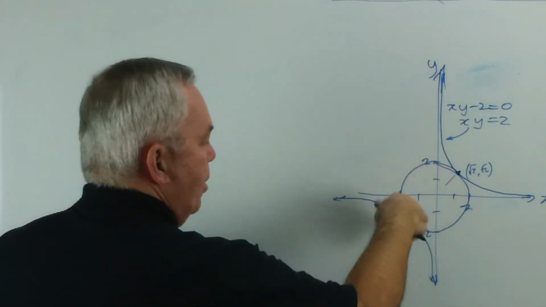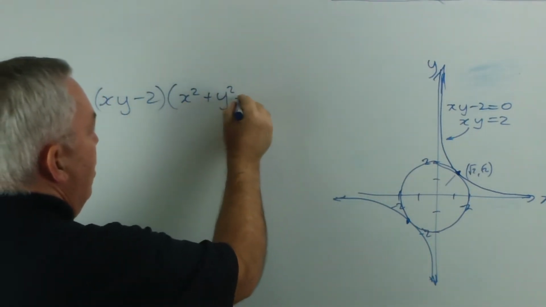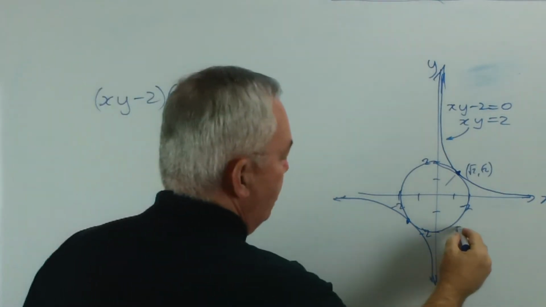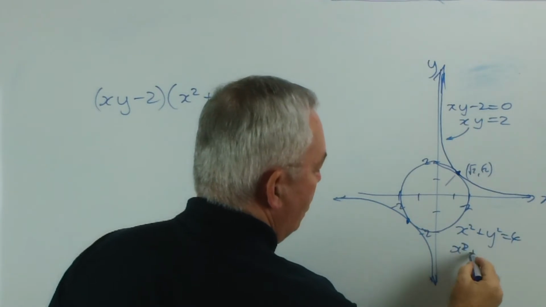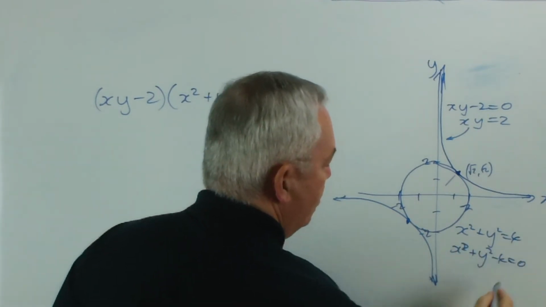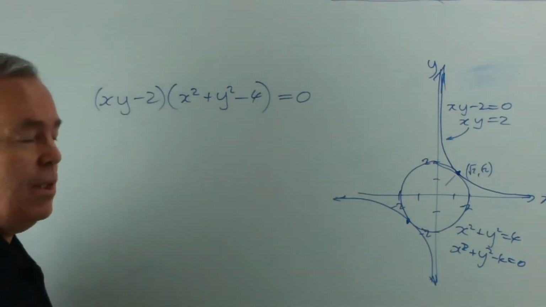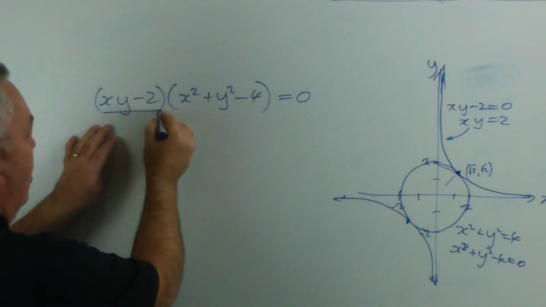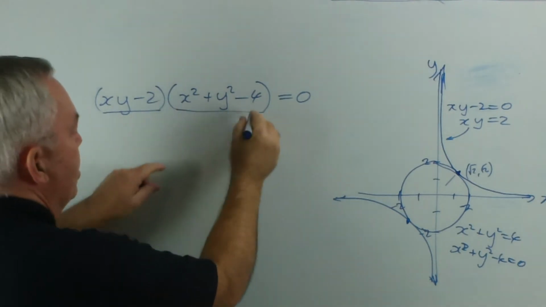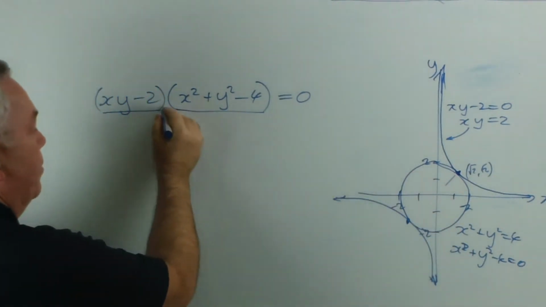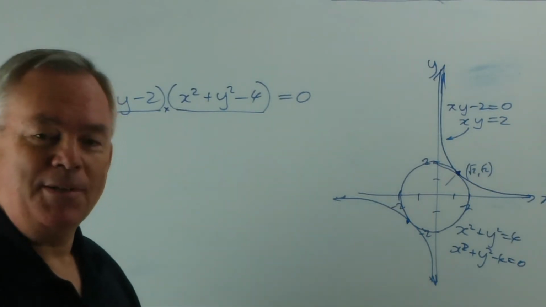And we would rearrange the equation of the circle into x squared plus y squared minus 4 equals 0. And if we make this product equal to 0, again, we have either that is 0, which graphs the hyperbola, or this is 0, which graphs the circle. It's that simple.